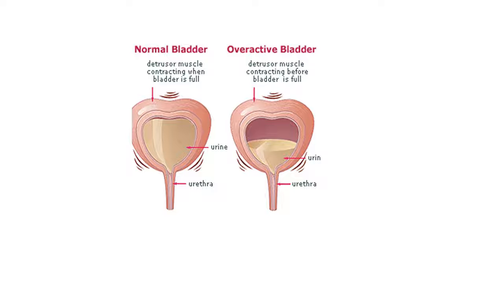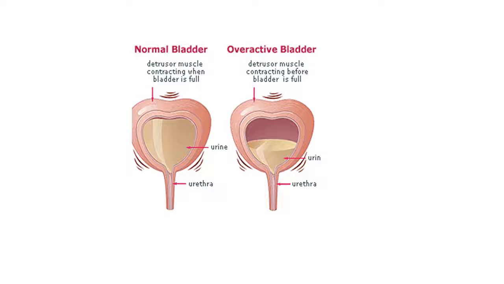We cannot command it, hey, contract. What commands it to contract is when the urinary bladder becomes filled with urine. That's when the command goes to the detrusor muscle and it contracts and expunges the urine if we decide to urinate, if we open this sphincter.